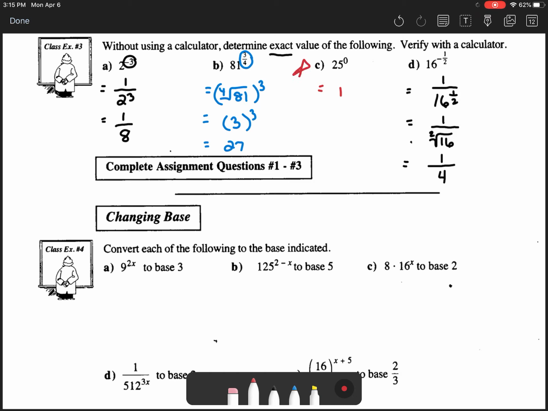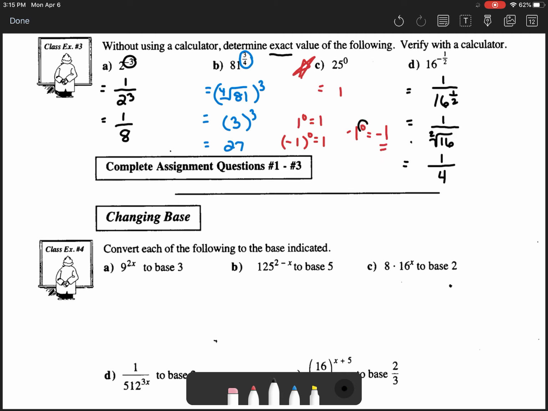Now, going back to C, I wanted to make a note. I had said anything to the exponent of 0 is 1, and that's true to some degree, but here are some cases that we want to be aware of. For example, if I have 1 to the exponent of 0, that's 1. If I have negative 1 in brackets to the exponent of 0, that is also 1. But if I have negative 1 to the exponent of 0 without brackets, the answer here is actually negative 1.